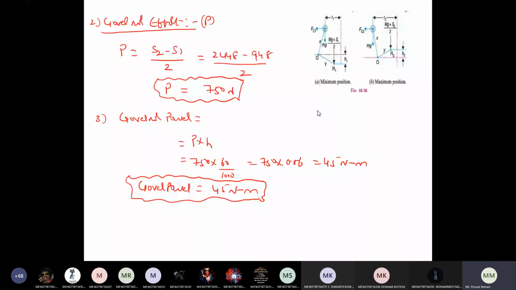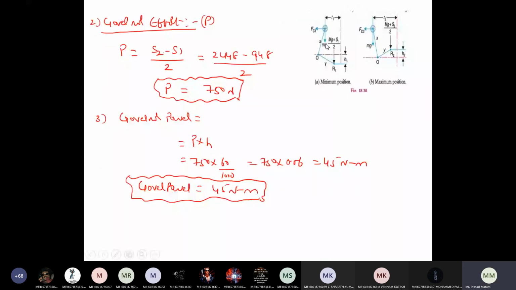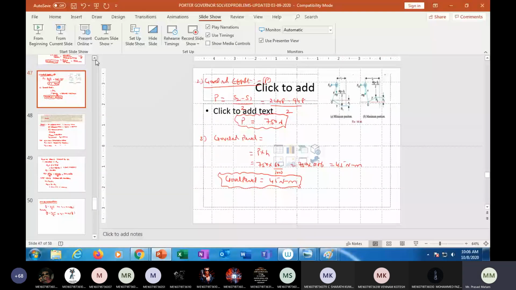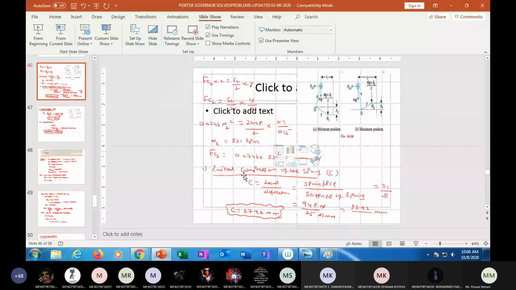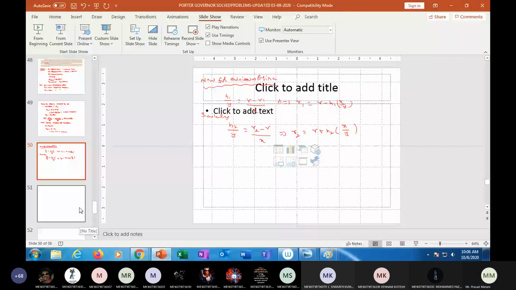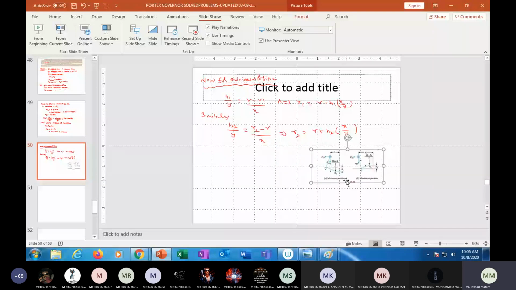Next, I want to take this diagram. See this diagram, how I am writing.